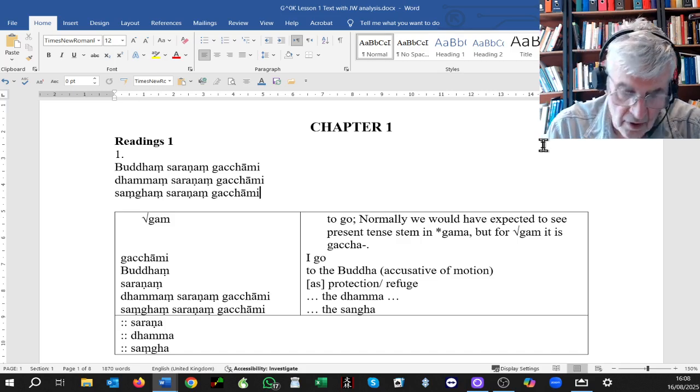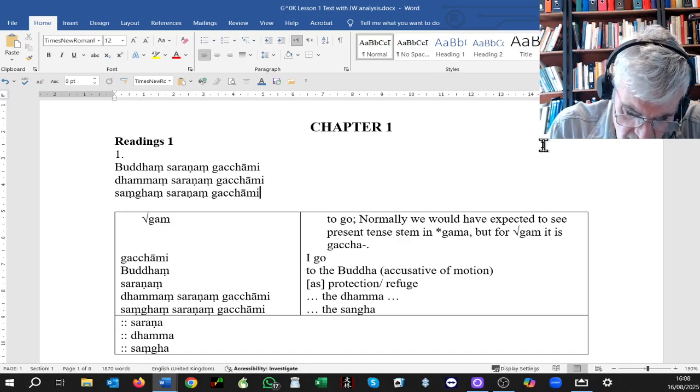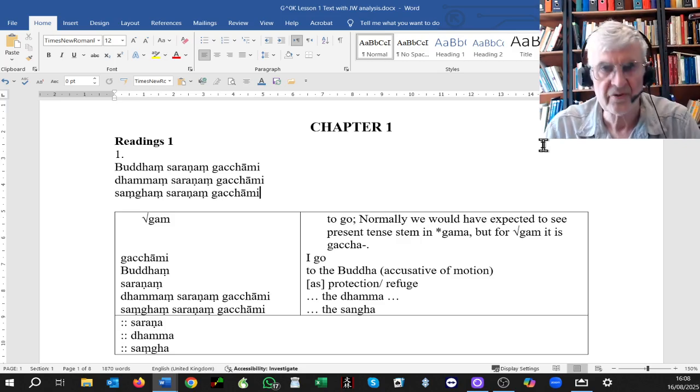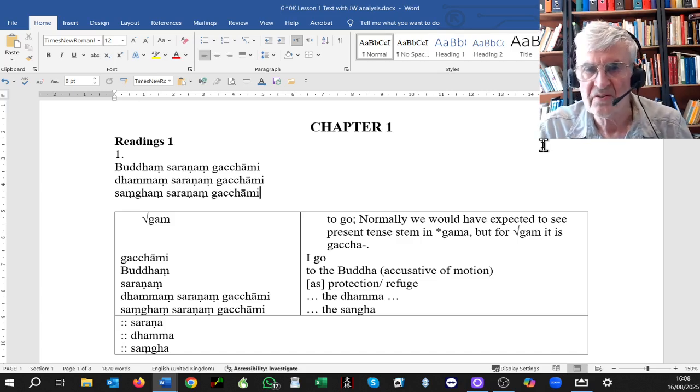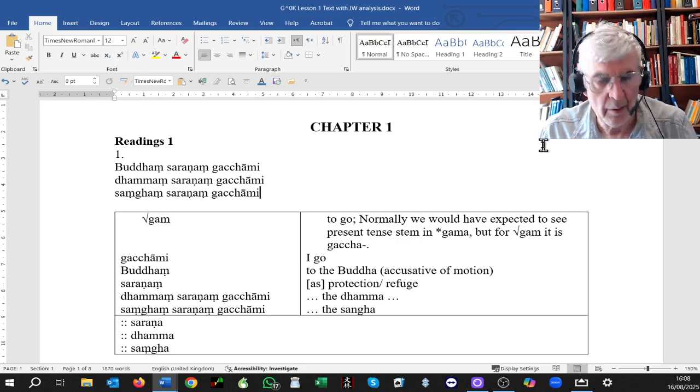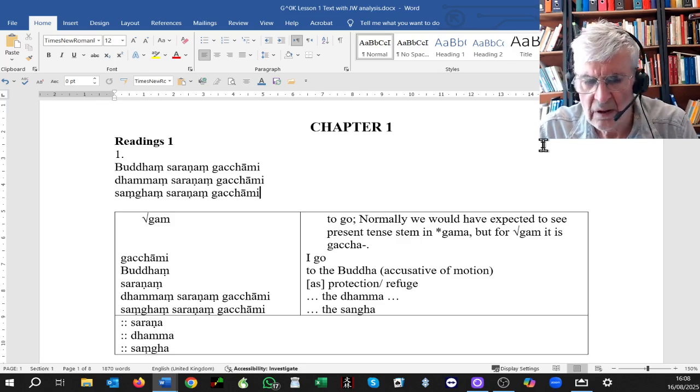Many of you will have seen this word Sangha written in an alternative way. Sangha is one correct way of writing it, and the other correct way of writing it is Sangha. That's with a dot over the N, which is a ng sound, as in anga, meaning a component part or a limb.